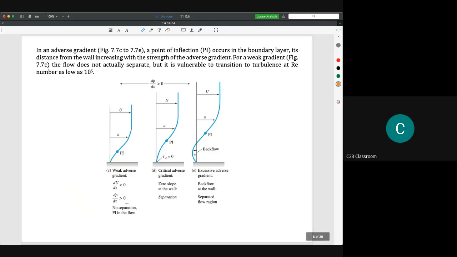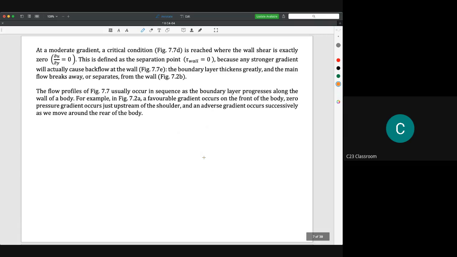Then the pressure will increase, and at one moment we find that the separation will occur. When the pressure becomes greater, it will create a backflow here. So this is the explanation. I hope you could read this letter.